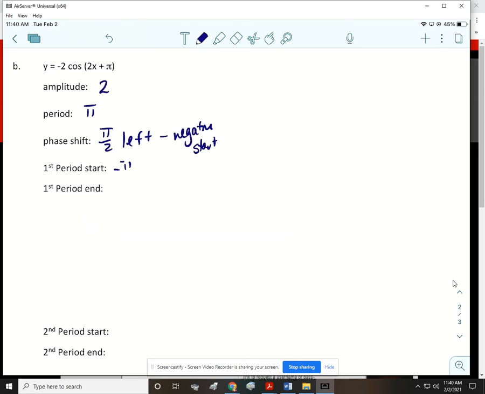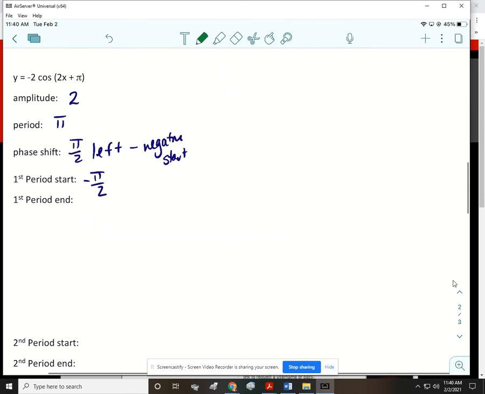Start at negative pi over 2. Alright, so I am going to just go ahead and draw my x-axis, and in the middle, I'm going to label it negative pi over 2. Okay. Because that's the start of my first period.